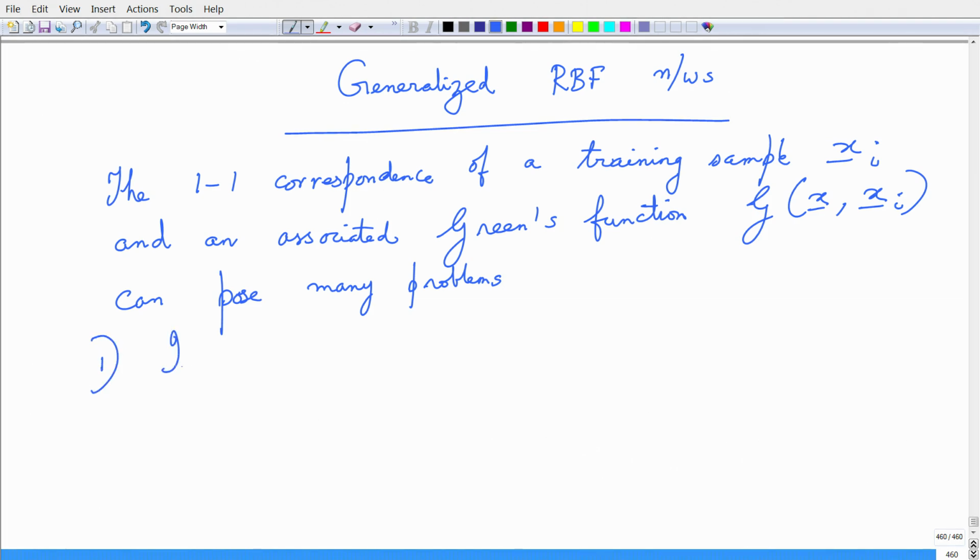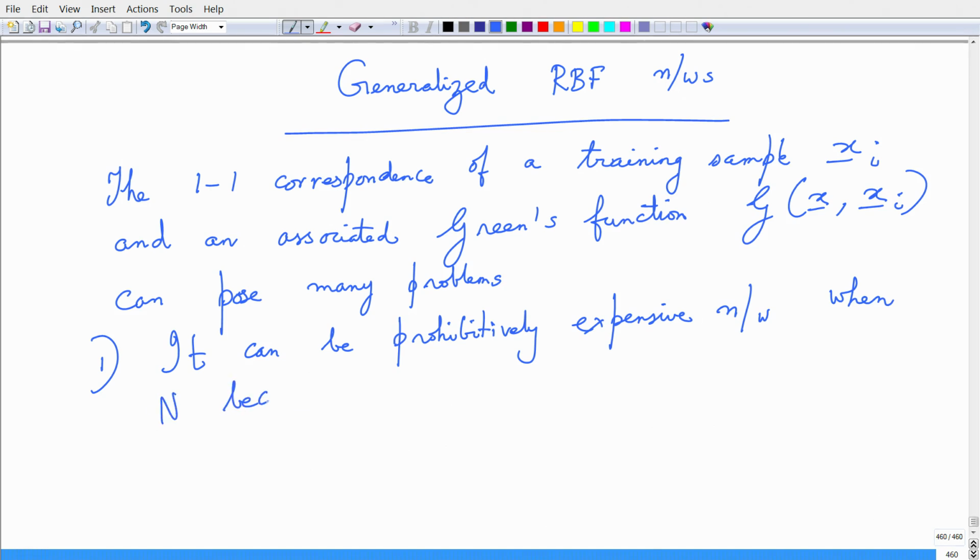First, it can be a prohibitively expensive network when n becomes large.